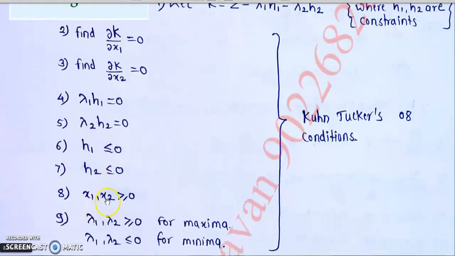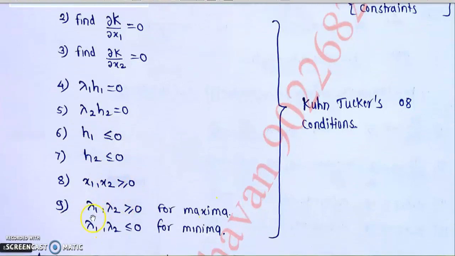And then x1, x2 should be non-negative, and lambda 1 and lambda 2 should be 0 or positive for maxima, and if they are negative or 0, then the objective function has minima. Now you can see that lambda 1 and lambda 2 equal to 0 is common to both. So at that time we have another method to decide whether the function is at maxima or minima.